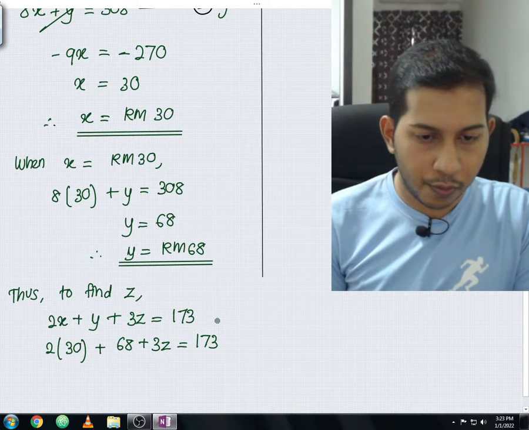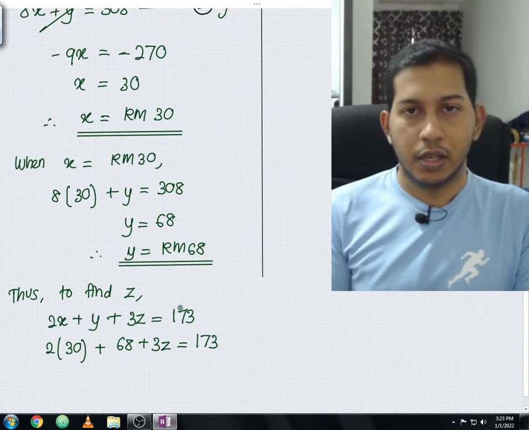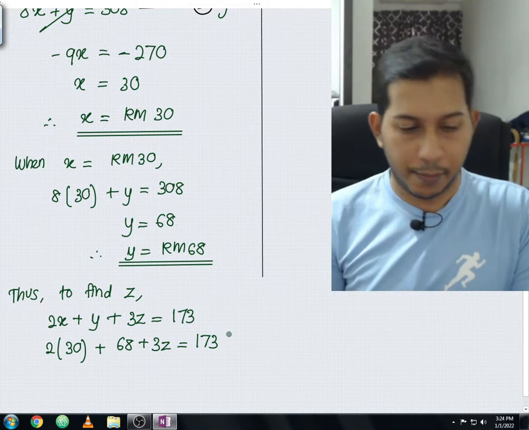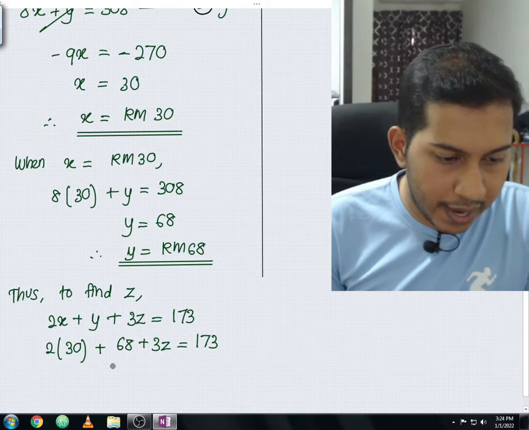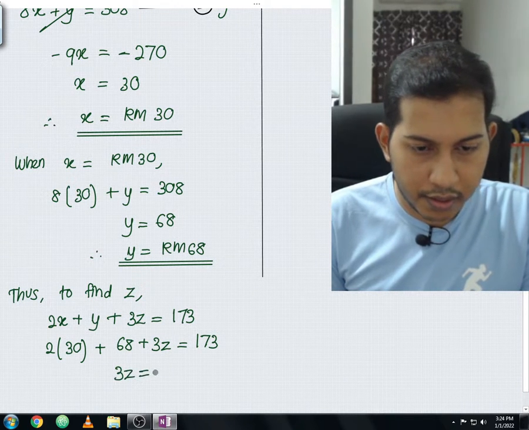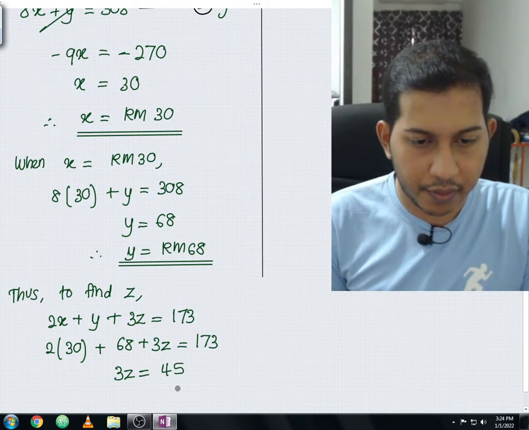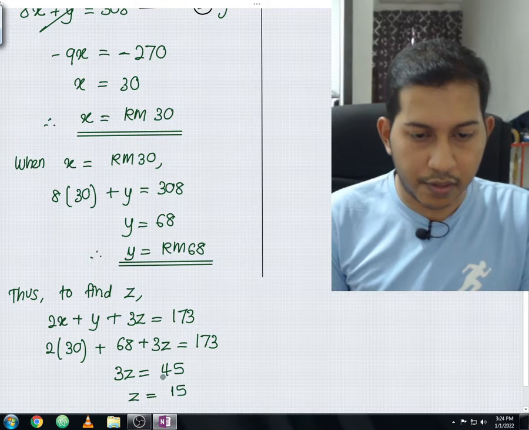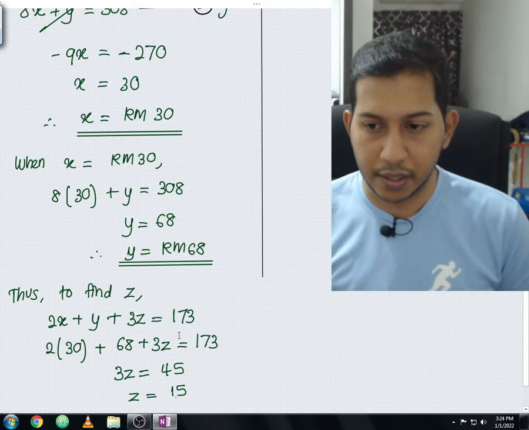So you move the 128 to the right hand side. So 173 minus with 128. So from here you get is 45. So from here 3z is equals to 45. So from here you get your z is equals to 15. 45 divided by 3 is 15.